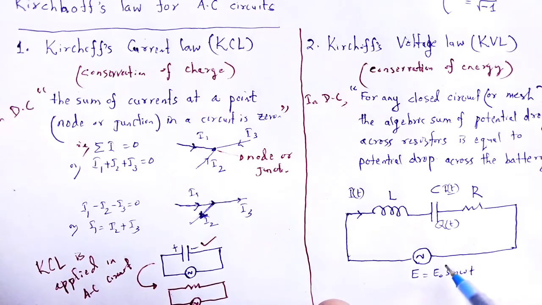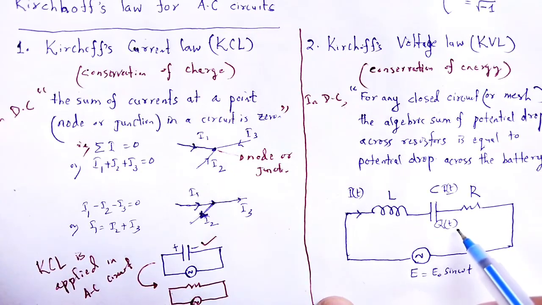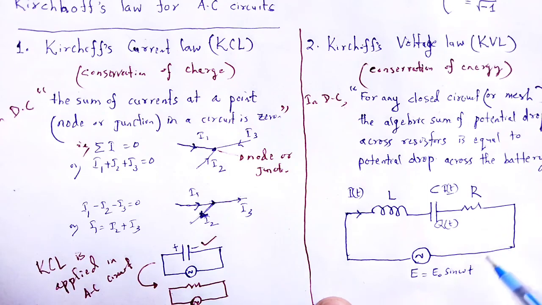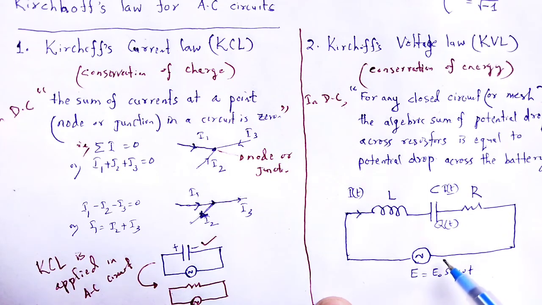Now, q(t) be the charge on the capacitor at that instant, and E be the potential difference across the source at that instant.